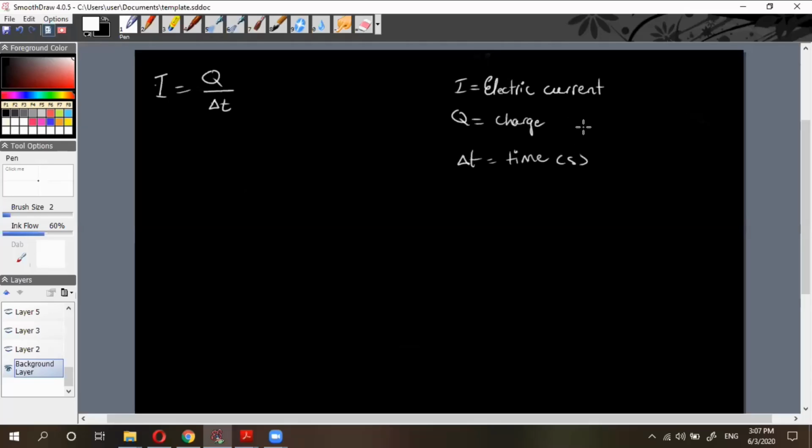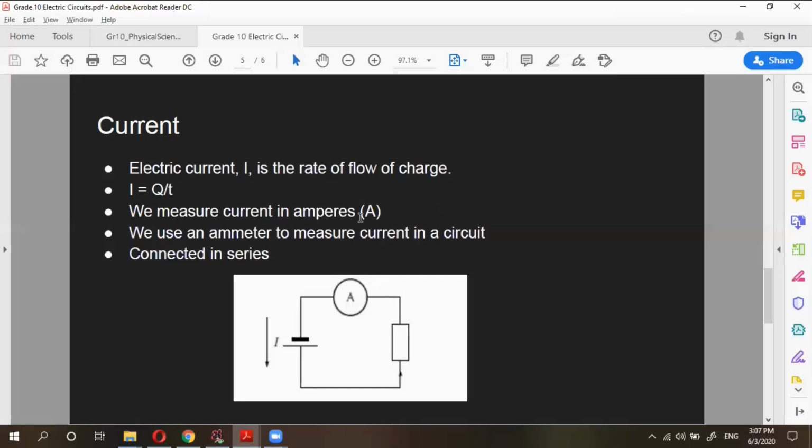Charge is measured in coulombs. Current is measured in something called amperes, named after a French scientist, or shortened to amps, and it's denoted by capital A.